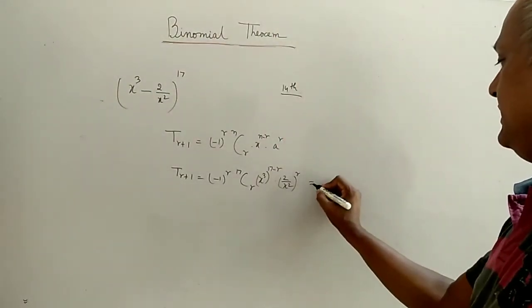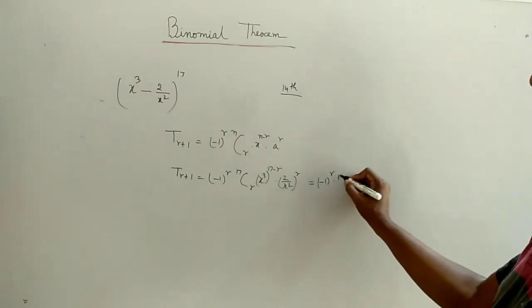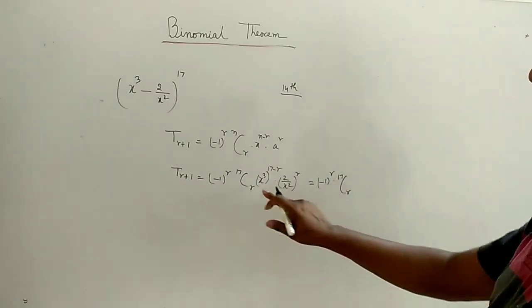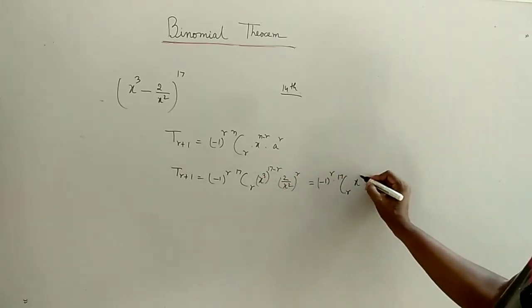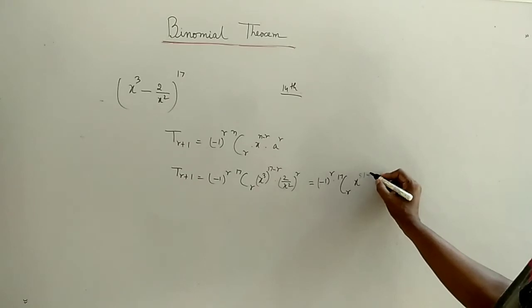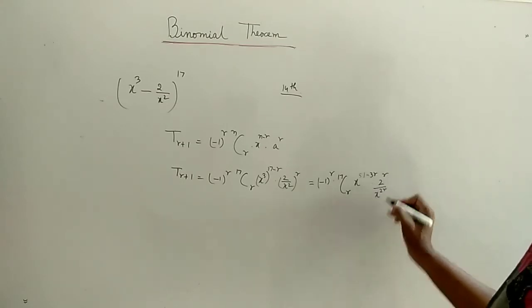Now I want to simplify it a little further. Then here I find it as (-1)^r, 17Cr, x to the power, using indices, multiply these two, 51 minus 3r, and this is 2 to the power r upon x to the power 2r.